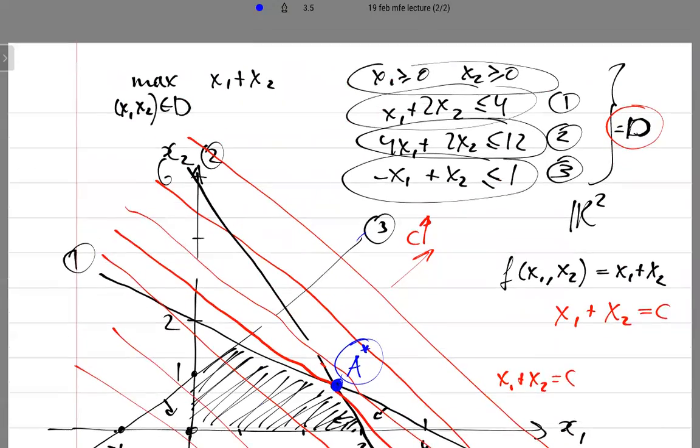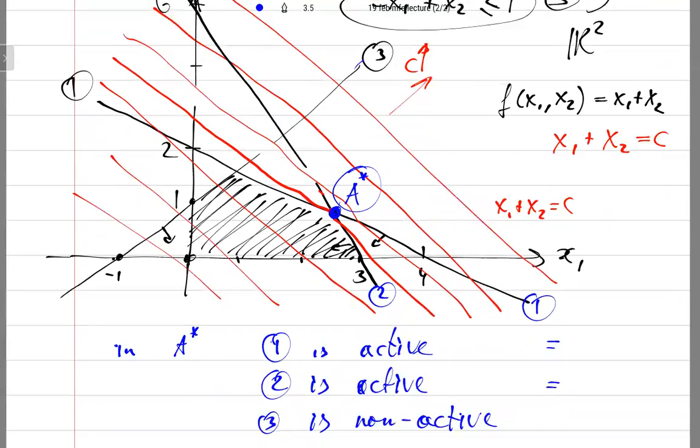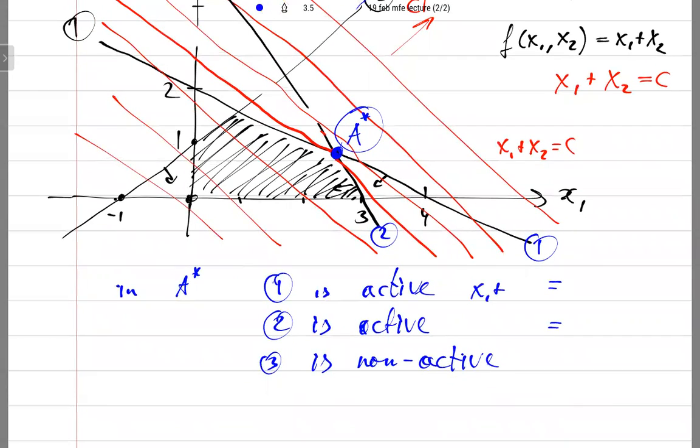So x1 plus 2x2 is 4. The second is active, 4x1 plus 2x2 is 12. And the third one is non-active, which means that minus x1 plus x2 is strictly less than 1.